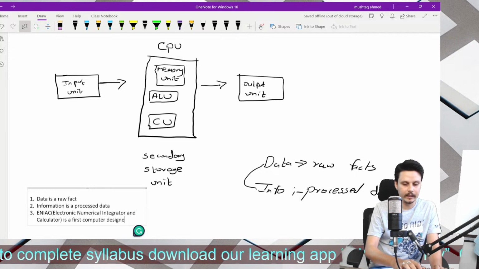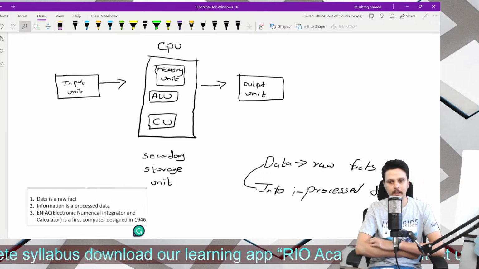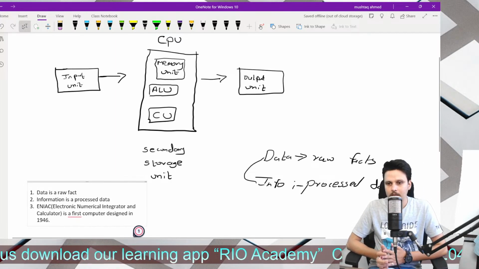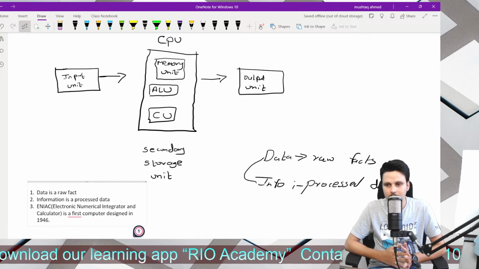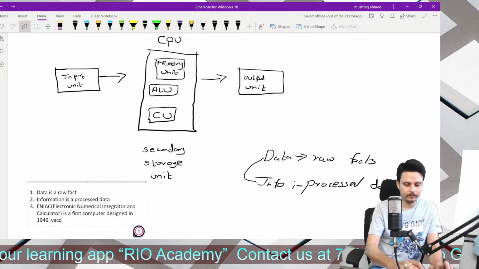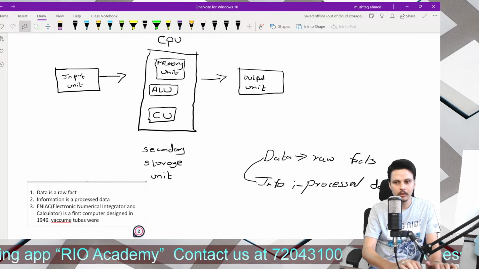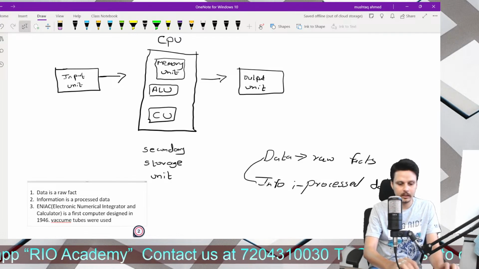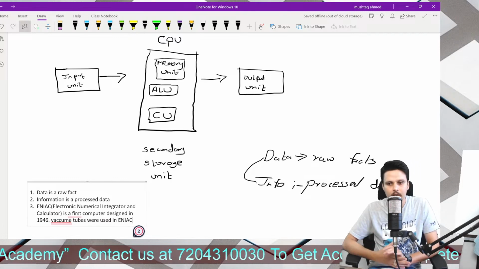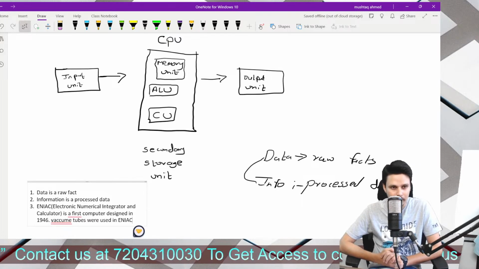One more important thing related to the first computer is that vacuum tubes were used in ENIAC. Another name for ENIAC is first generation computers.